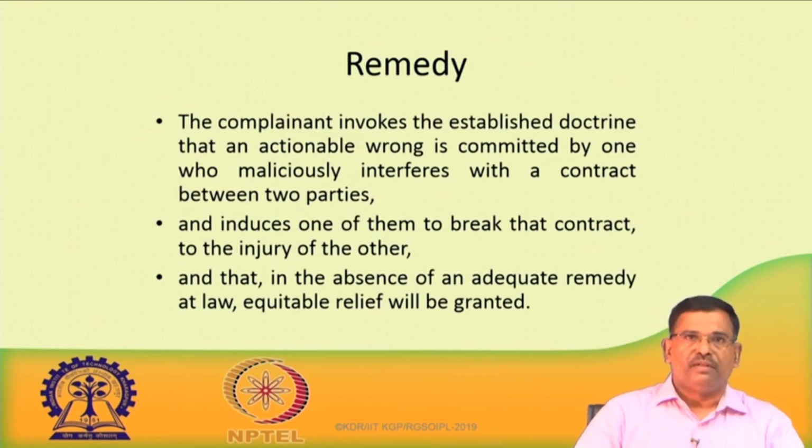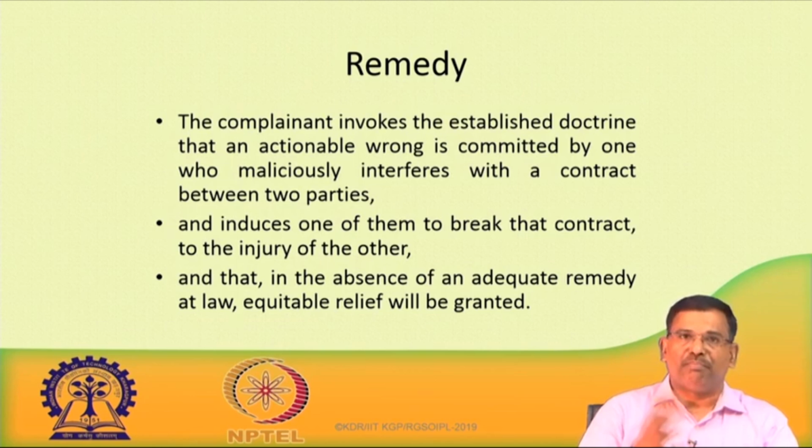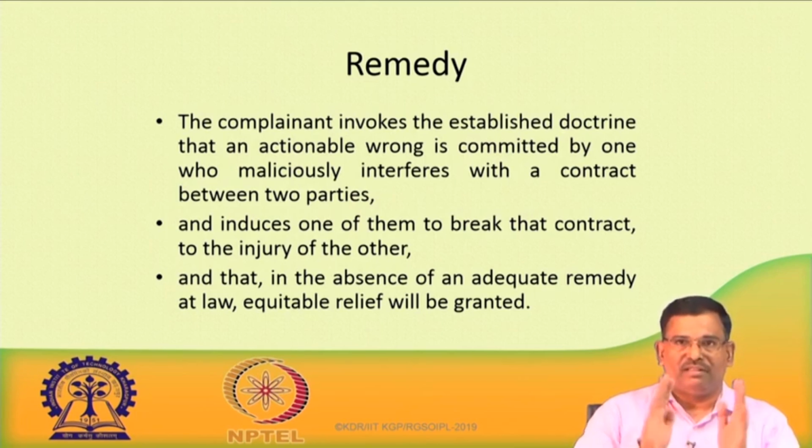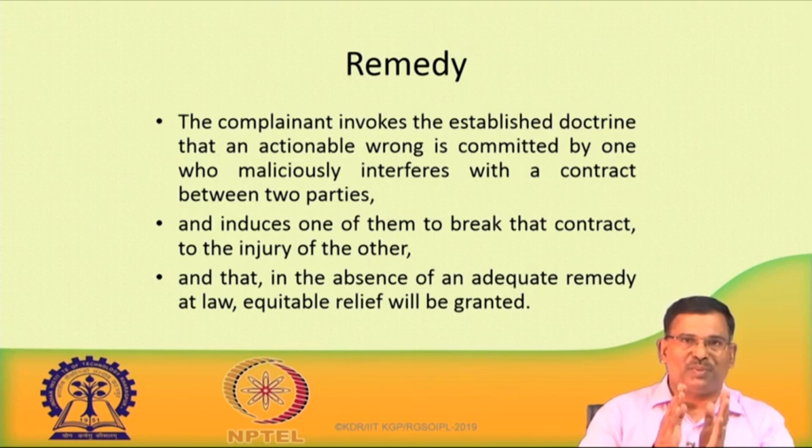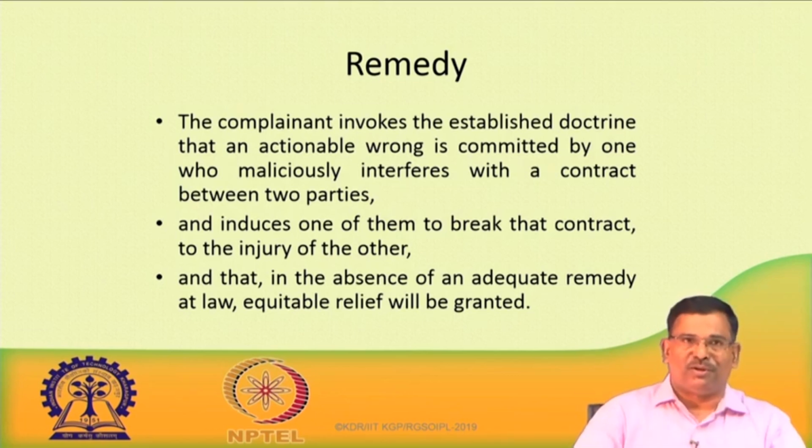So, here the actionable wrong. We are not going to discuss elaborately the actionable wrong committed maliciously, the allegation by Dr. Miles that the defendant has maliciously compelled other retailers and wholesalers to break the contract. That is not the question of our discussion. Our discussion is whether intellectual property protection gives the owner complete freedom to violate competition law.